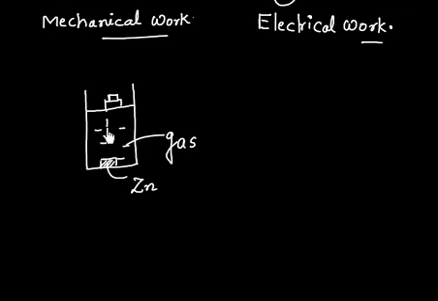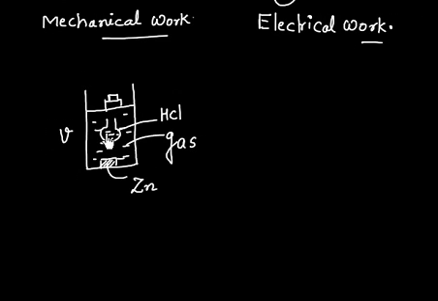Now let us say I have another vessel containing HCl. Initially I have this configuration, with some volume of gas and some bait on the piston.